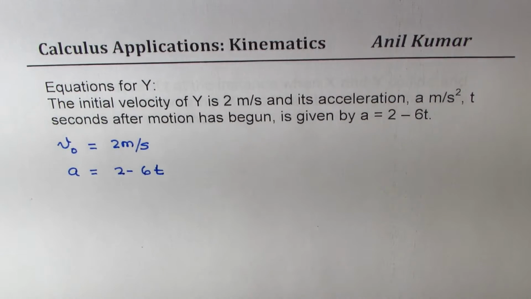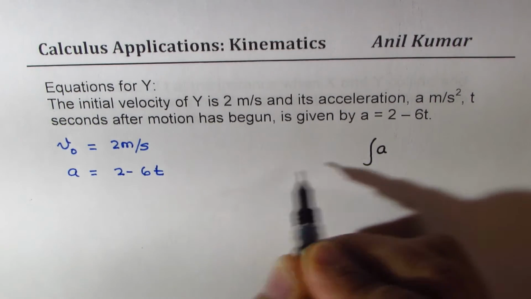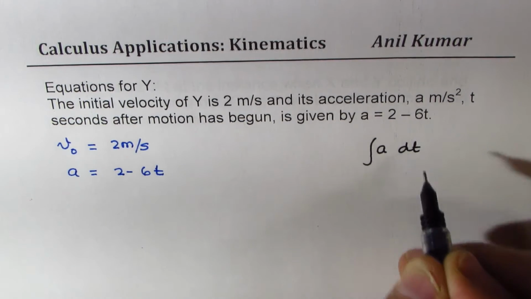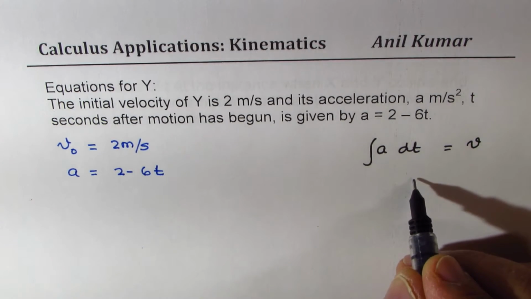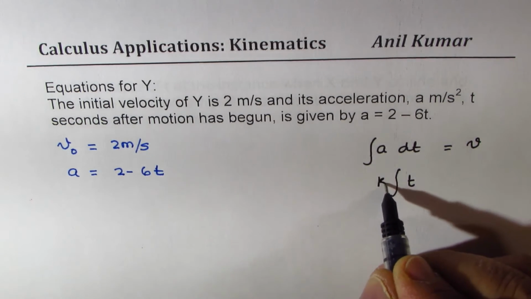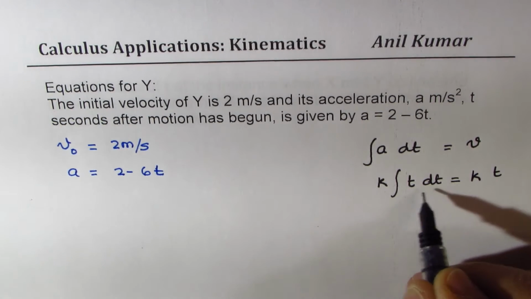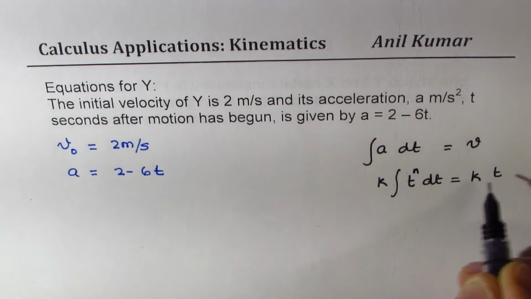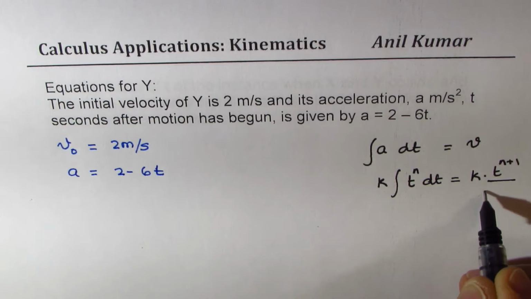Now to get velocity from acceleration, we'll do antiderivatives or integration. Since the integral of acceleration with respect to time will give us velocity, we'll use a very simple formula: if it is k times t to the power of n, dt, then the integral is k times t to the power of n plus 1 divided by n plus 1.